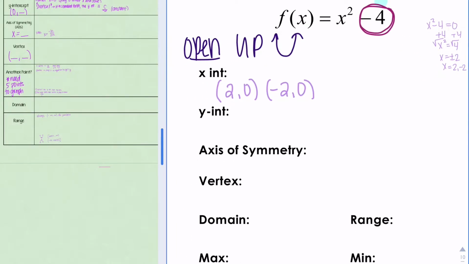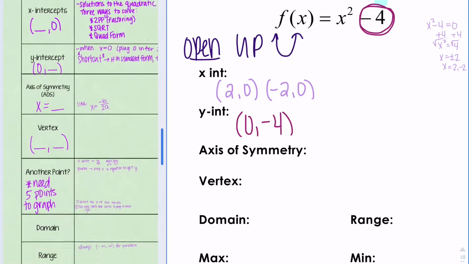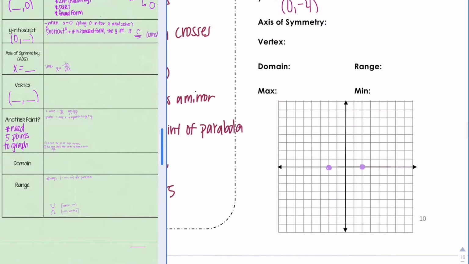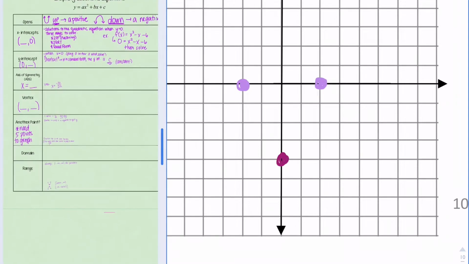So in this case, it is negative 4, so our y-intercept is (0, negative 4). And that's what I wrote here. Your y-intercept is always going to be an ordered pair starting with 0. So if we graph this, (0, negative 4): 1, 2, 3, negative 4, right here. Okay.